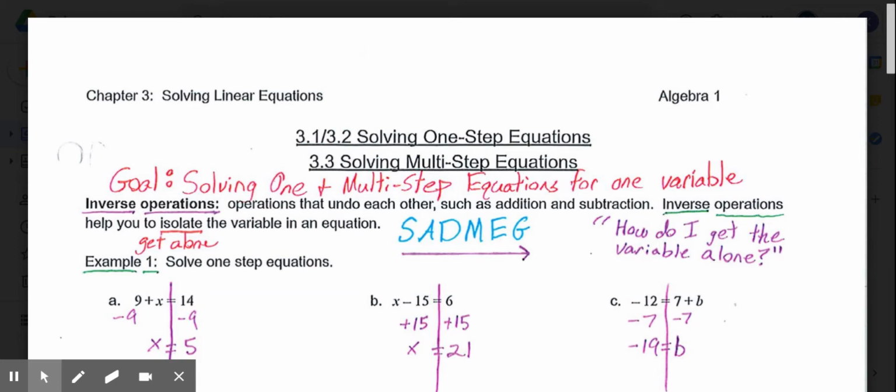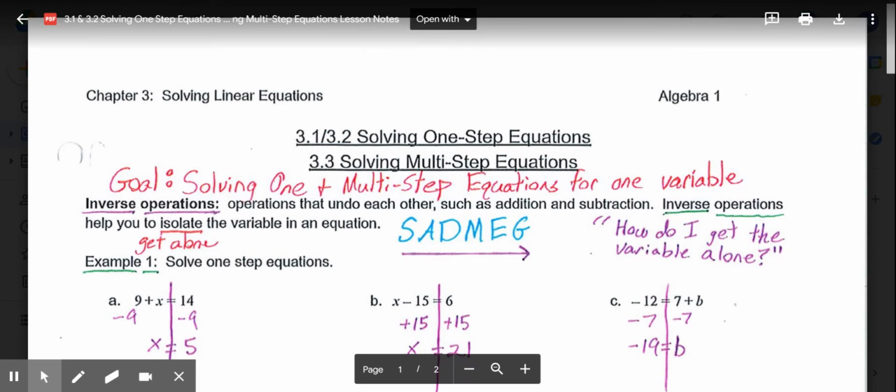So everything that we're looking at is linear in this chapter. Later, we will start to look at different types of equations, but for now, we're only looking at ones that can be represented by lines.